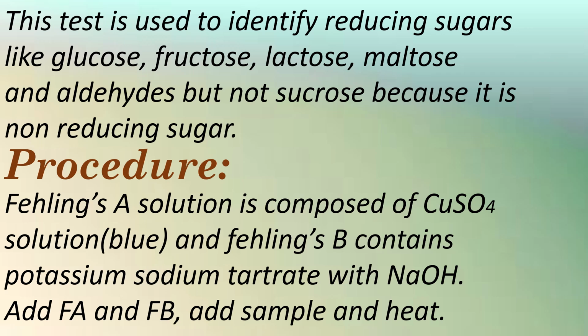In this procedure, we add equal amounts of Fehling's A and Fehling's B, add the sample, that is a reducing sugar sample, and heat gently.